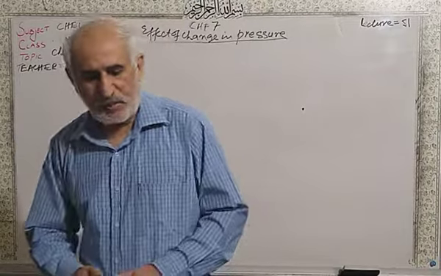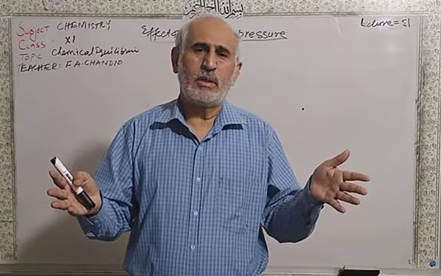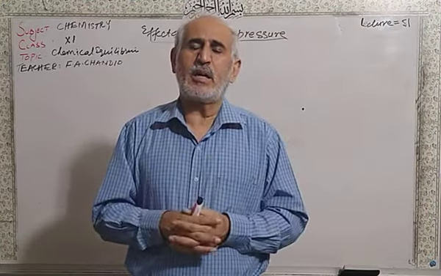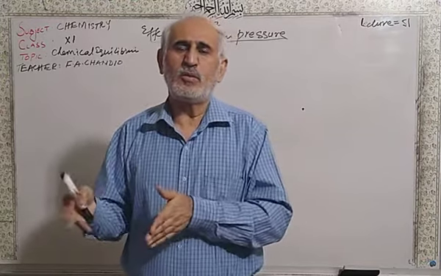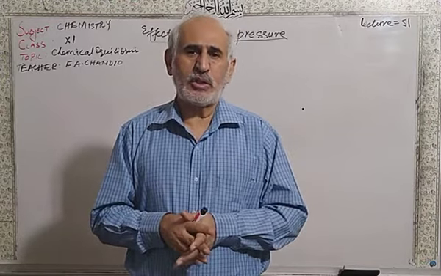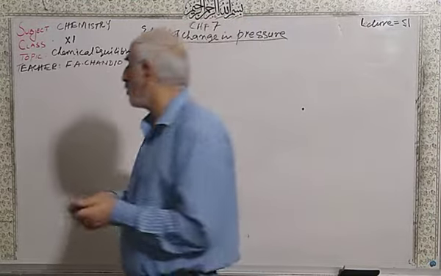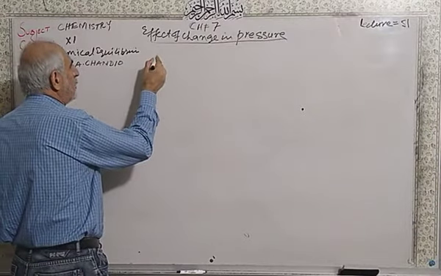So when the system is at equilibrium, and we increase or decrease the pressure, the system will move according to Le Chatelier's principle. There is one thing you have to remember.